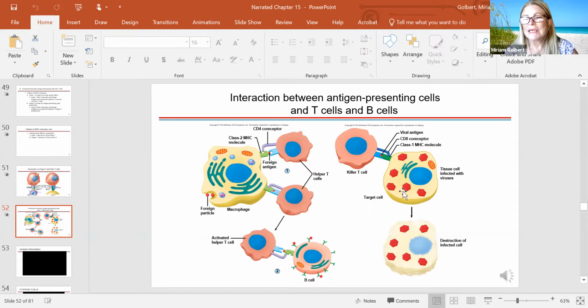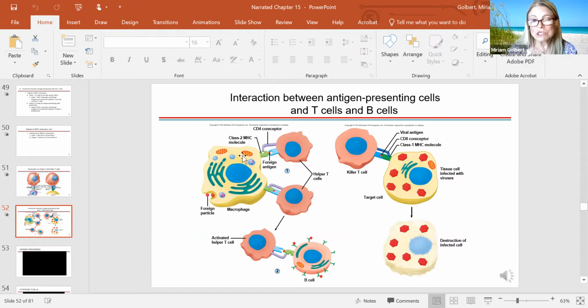It's telling the killer T cell, hey, look, I'm putting the antigen out so you can see it. And immediately the killer T cell recognizes that, attaches to it, and that's the physical contact. That causes little pores all around it, and the destruction of the infected cell occurs. This is why killer T cells are so good, because they can go straight to an infected cell and kill it by contact.